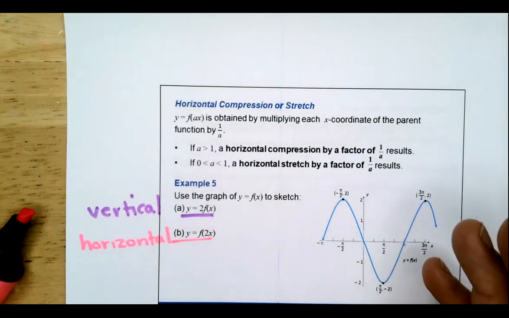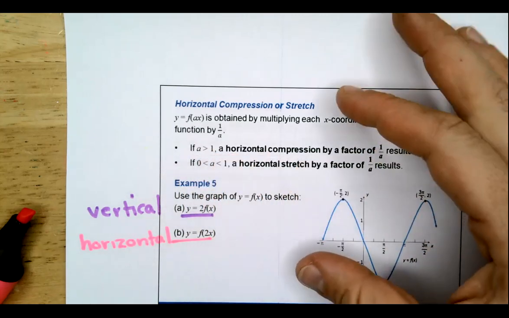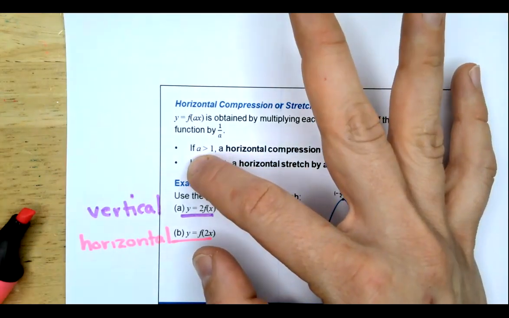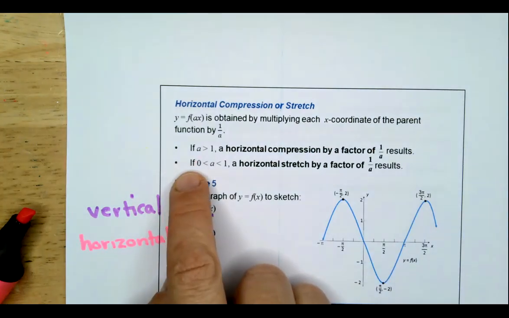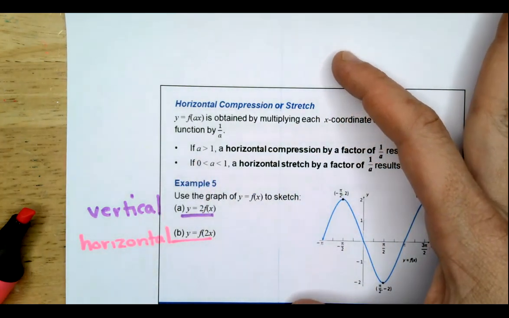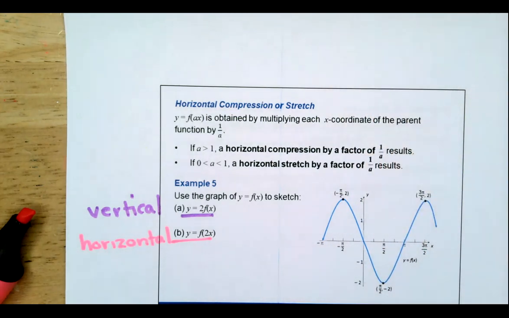If it's greater than 1, that means we're going to shrink it because that is now a fraction with that number on the bottom of the fraction as the denominator. If it's between 0 and 1, it's going to stretch because what was on the bottom of the fraction is now the number we're multiplying by, okay?